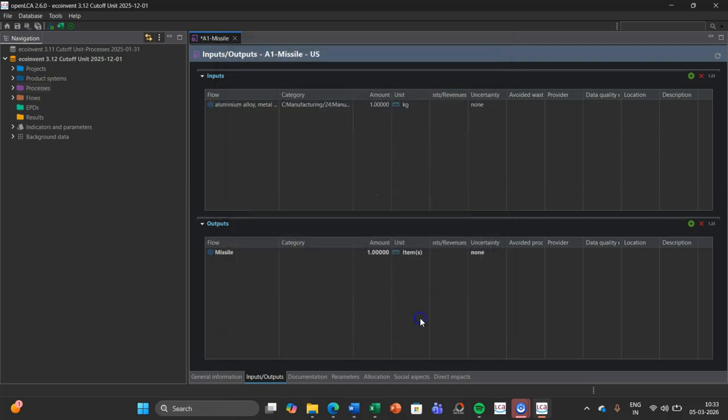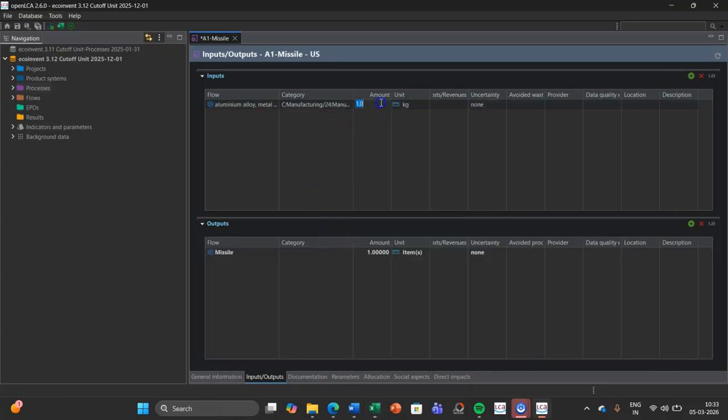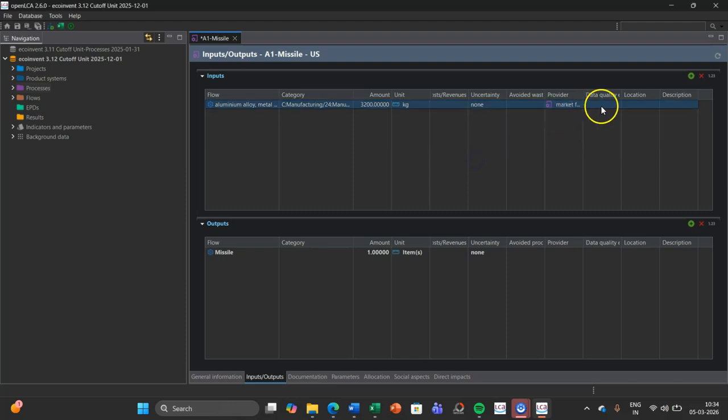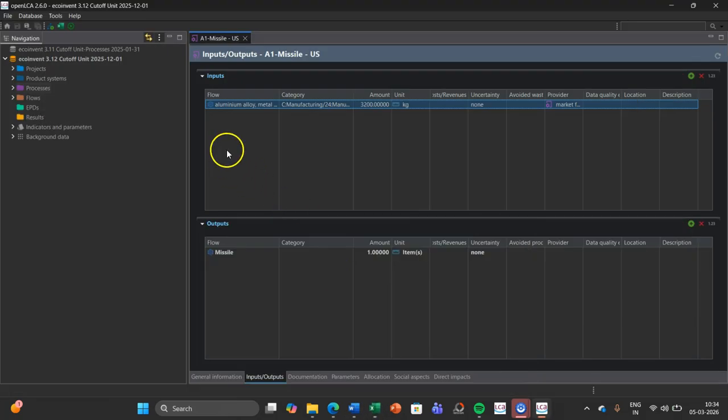We shall prefer this one and put the value 3200 kg. Provider: let's straight away give the provider. Global average we have, no issues. Then titanium, 450 kg.